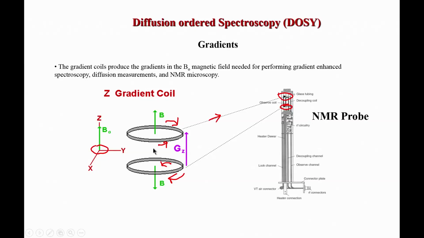Now, the second point is that this gradient is along the z axis. Why it is along the z axis, we will see that shortly, but you can also apply gradients in the xy direction. So, if I turn this coil around, if I keep the coil like this, then the gradient will be in this direction. So, it depends on what direction you put, the gradient will be depending on that.